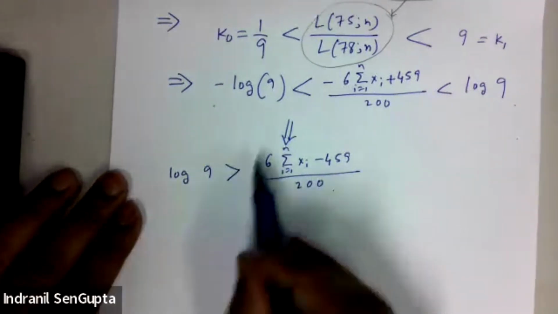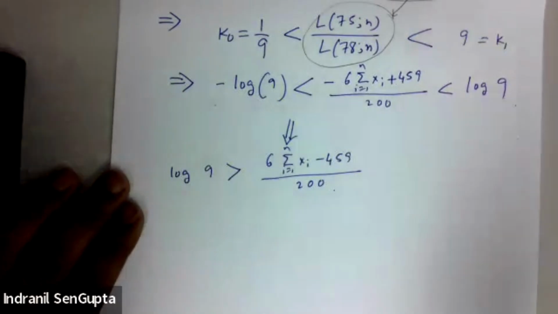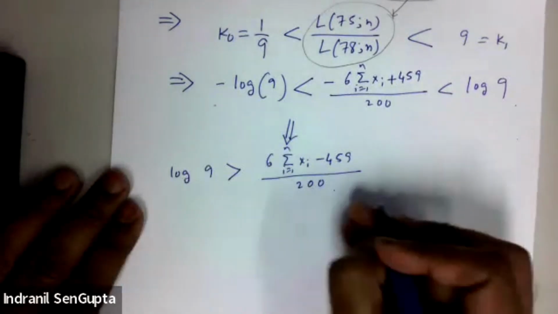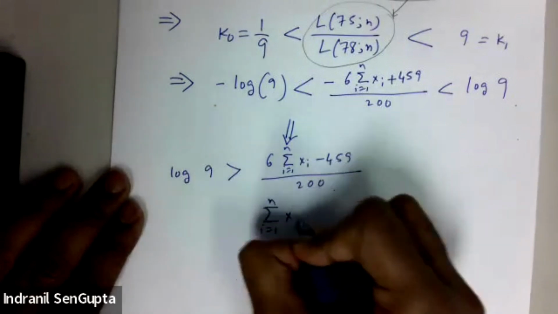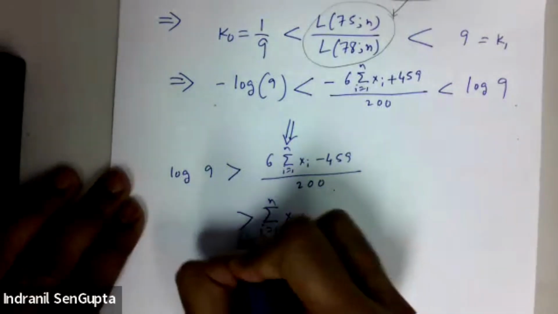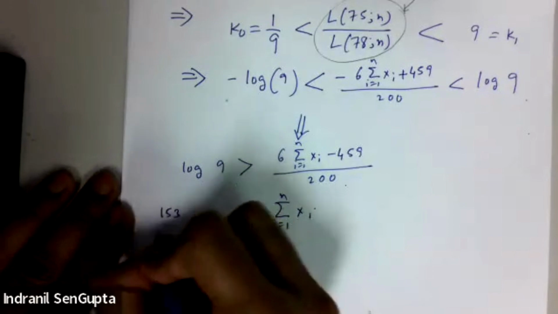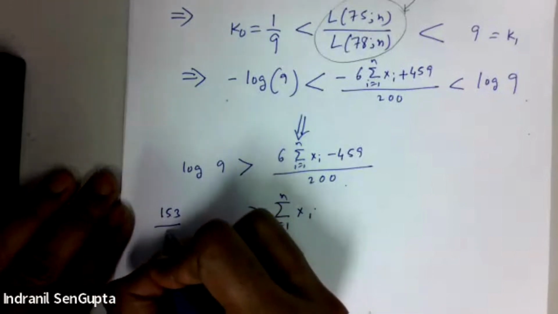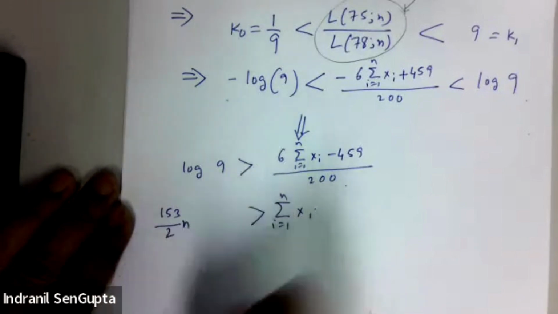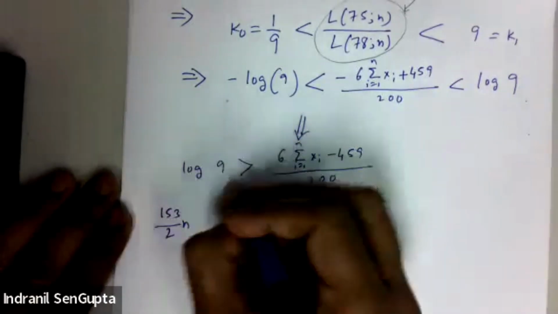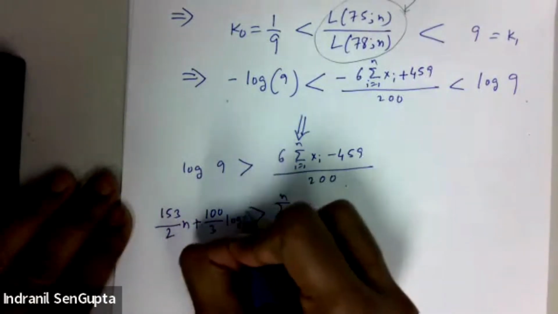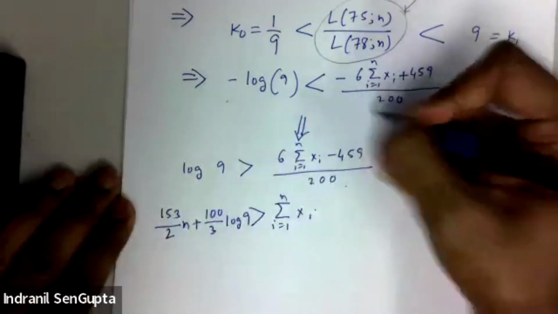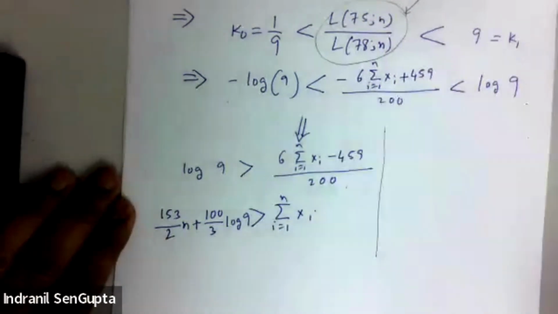I'm multiplying by the negative sign, so the inequality flips. If I simplify this, I'll get summation i from 1 to n xi is less than 153 over 2n plus 100 over 3 log 9. So that is for the left inequality.